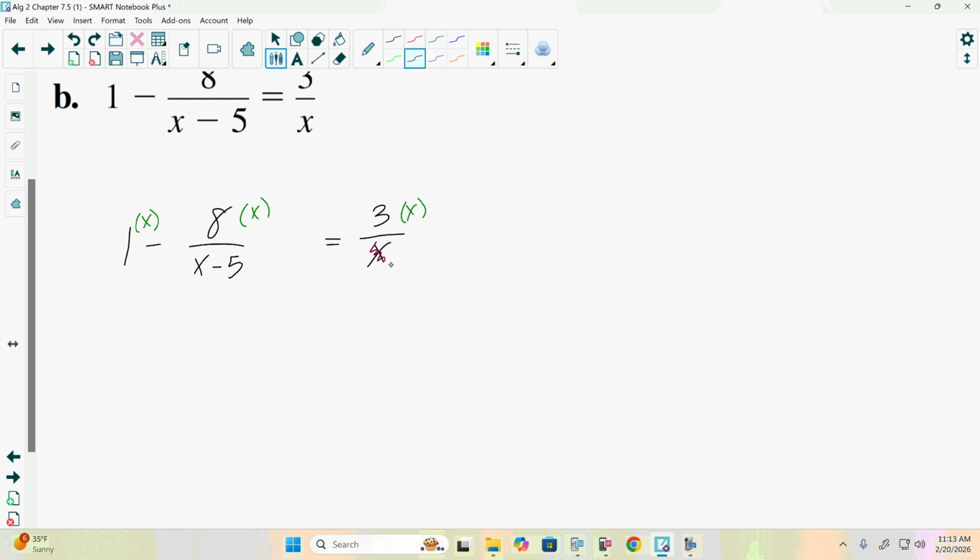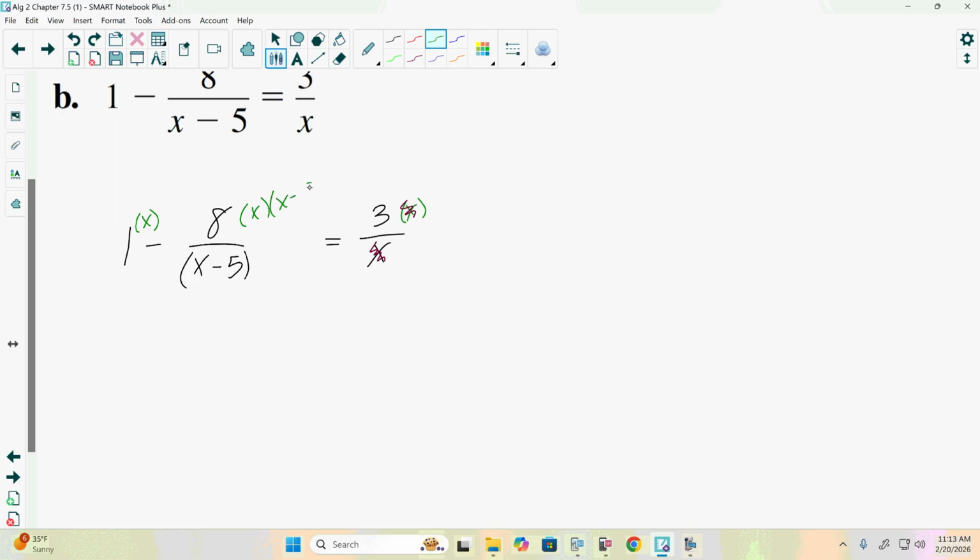And the nice thing is that x over x, because it is product on top, single term on bottom, they are gone. I'll check the others, because we do have in the middle x minus 5, well, the x and x minus 5 aren't going to cancel. 1 doesn't have a denominator, so we're good there. What are we missing?